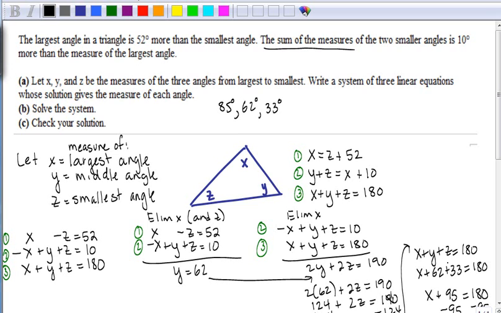The largest, which is 85, is 52 degrees more, so if I add 52 degrees to this, I do get 85. And the sum of the two smaller ones, that's 95, is 10 degrees more than the largest angle. That does work. So that is your three answers.